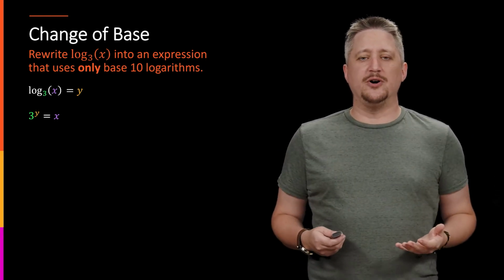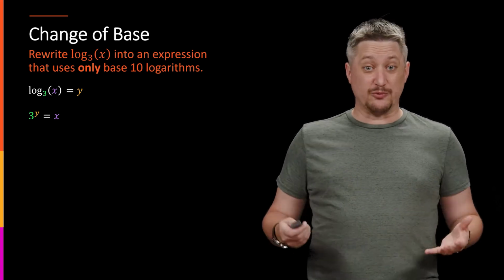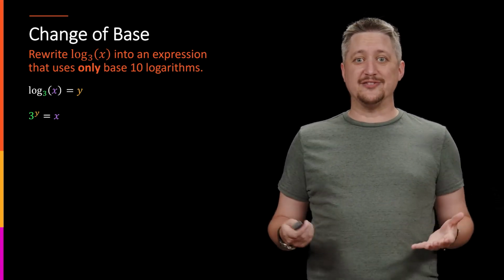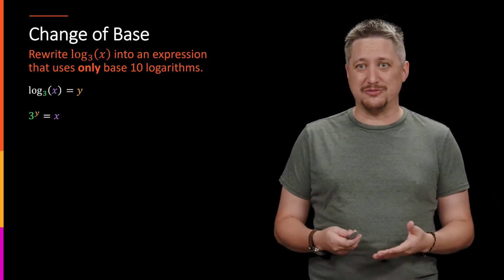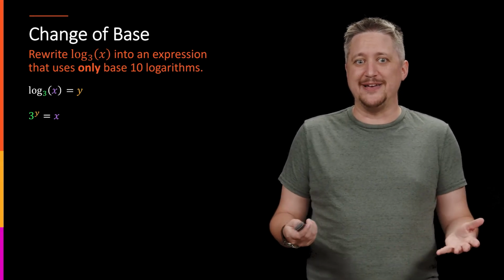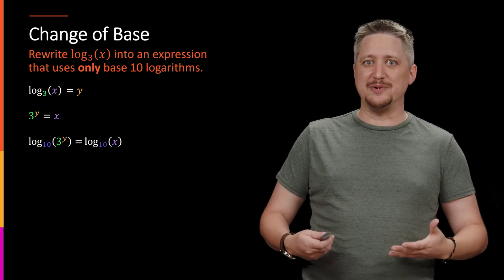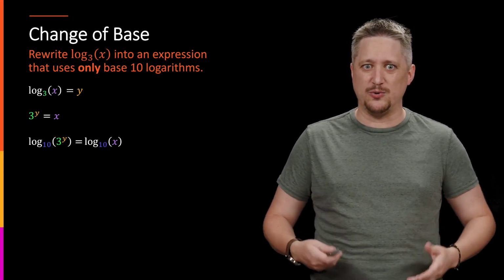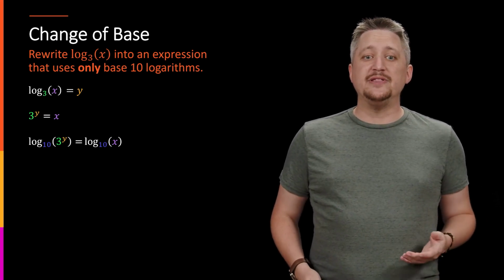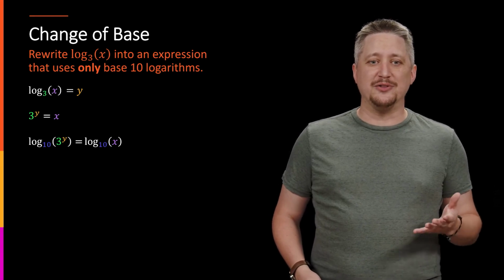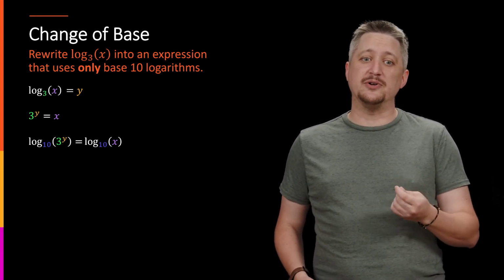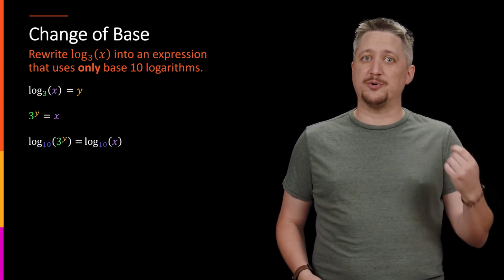Now, I know that I want log base 10s to be around. That's the goal, to rewrite this as log base 10. So, with no other good plan in mind, I'm just going to take log base 10 on both sides. I'm introducing the log base 10 because I know that's my end goal. Doing that, I notice that I have log base 10 of 3 to the y, so I can bring the y out front. That's one of those properties of logs.